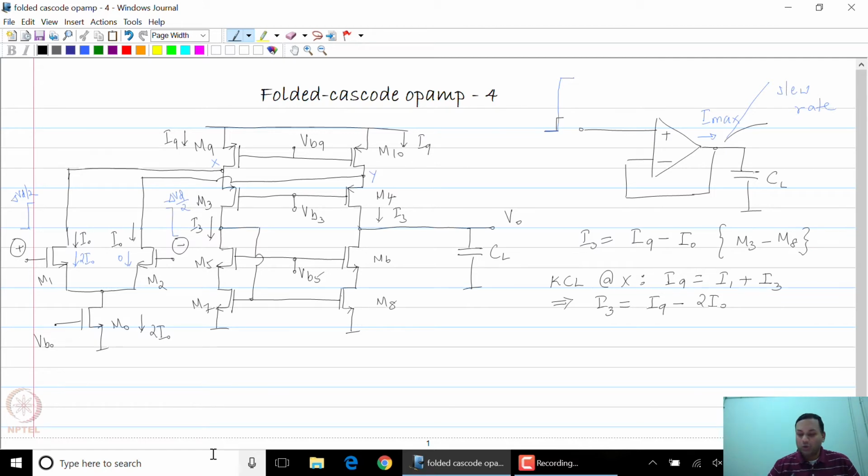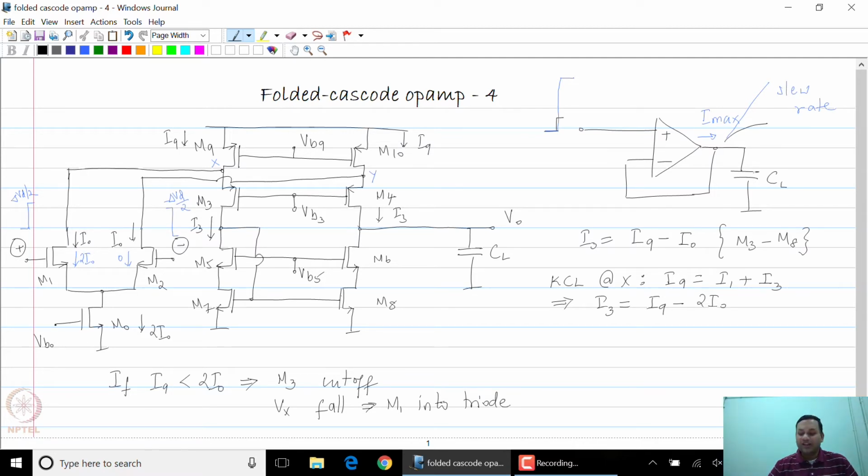So the important condition to note is that if I9 was less than 2I0, M3 for example would get cut off because it cannot support reverse currents, and naturally what this means is that Vx and Vy would fall to push M1 into triode region.